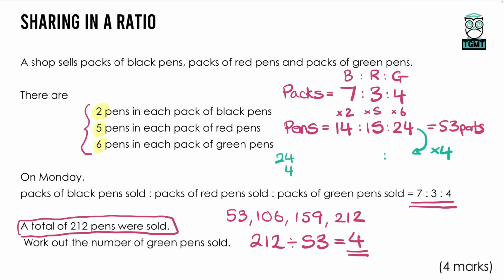I don't want to do all of this and then get this final part wrong. 4 times 4 is 16, 4 times 2 is 8, plus the 1 is 9. So that becomes 96. You could go and times the rest by 4, but it did only want the green pens. So I'm not going to times them all by 4, but if you needed to know them all, we could times them all by 4. But there we go, our final answer is 96, and that's the final part of this sharing in a ratio question.